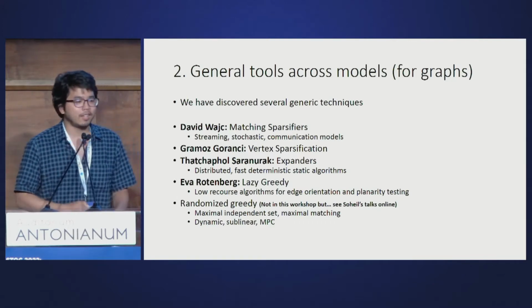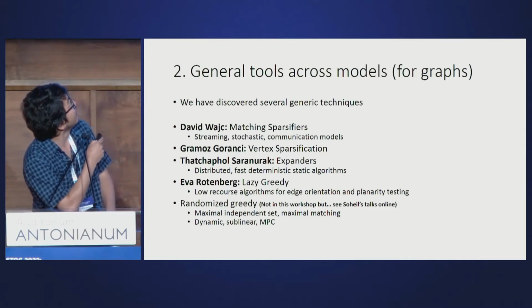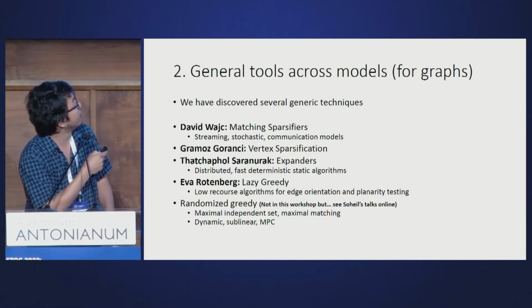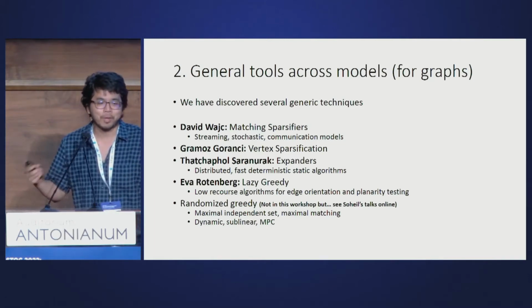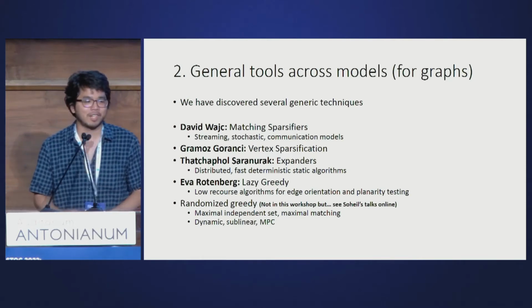It turns out that this object is very useful in streaming algorithms, stochastic matching, and also in communication models. So we hope to see more applications from this, and David will talk about this.